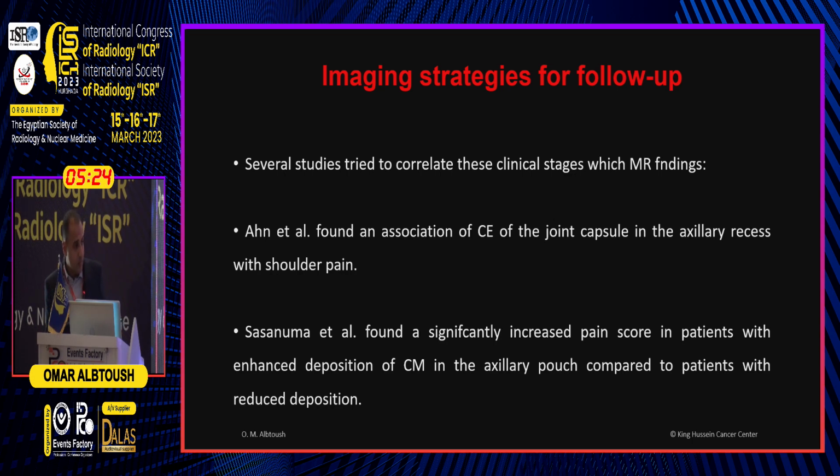Second thing, they found a significantly increased pain score in patients with enhanced deposition of contrast media at the axillary pouch. So there was stagnation or delayed enhancement of contrast media at the axillary recess. So they tried to know if there is any correlation with these stages by MRI images.